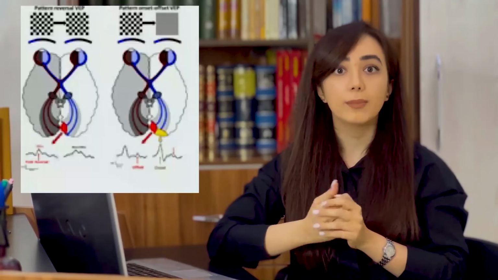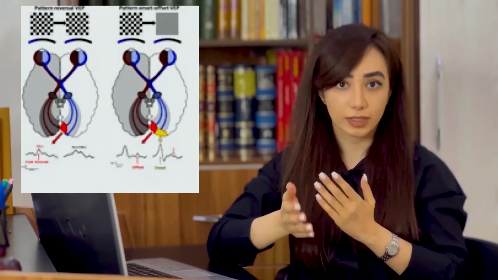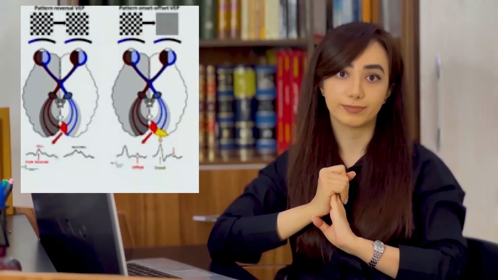Visual evoked potentials, VEPs, are generated in the visual cortex as a response to a visual stimulus. Commonly used visual stimuli are strobe flash, flashing light emitting diodes, pattern onset offset, and transient and steady state pattern reversal, which is the preferred one.